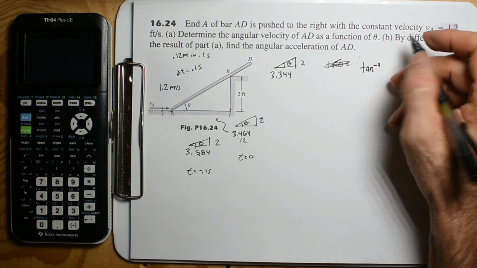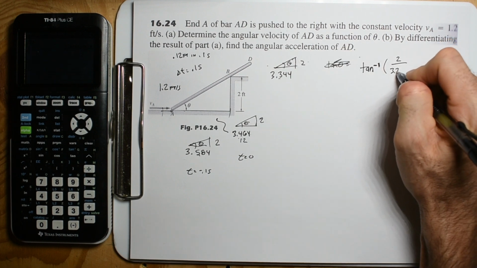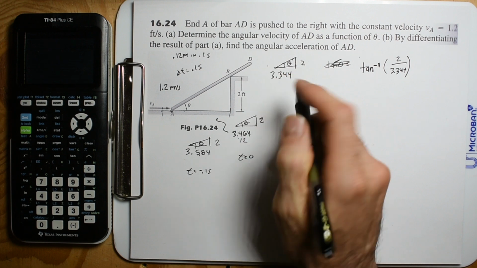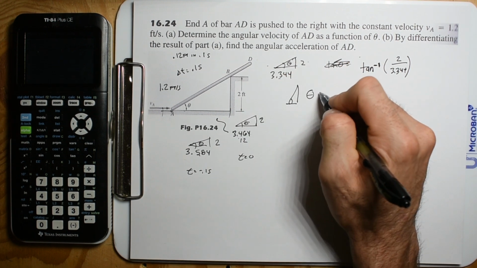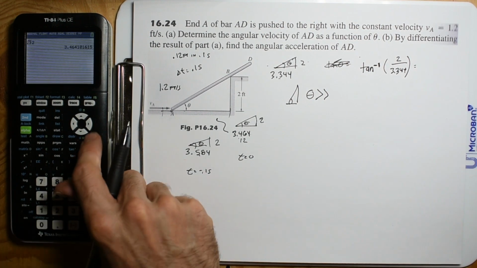Inverse tangent still means that ratio of 2 divided by 3.344. And again, when this gets smaller, this stays the same. Hey, your angle gets bigger. Cool. So this is going to be our bigger number.